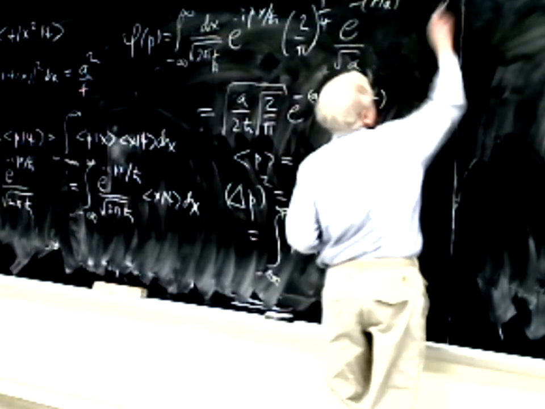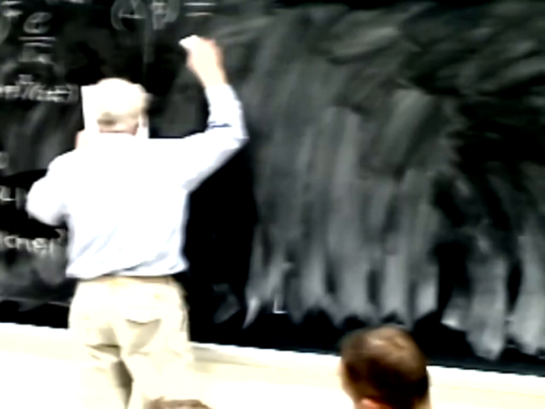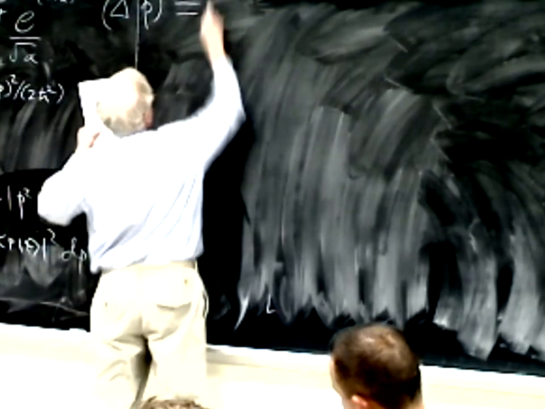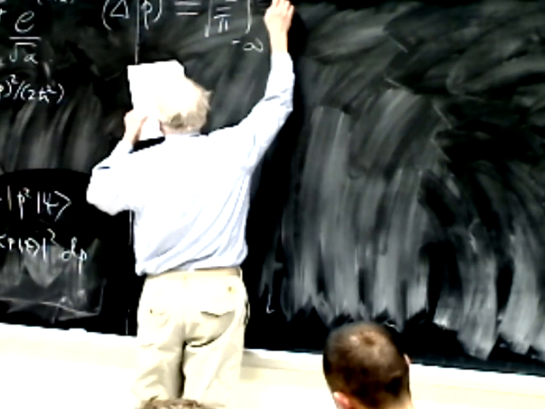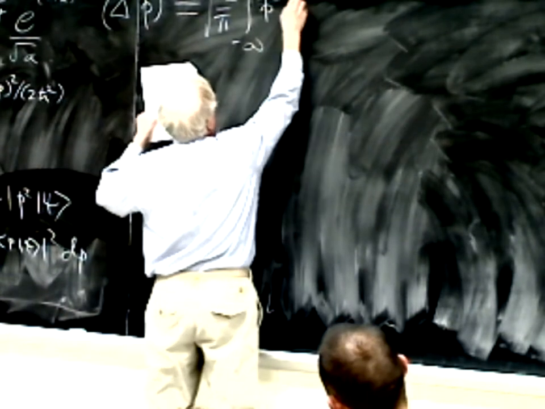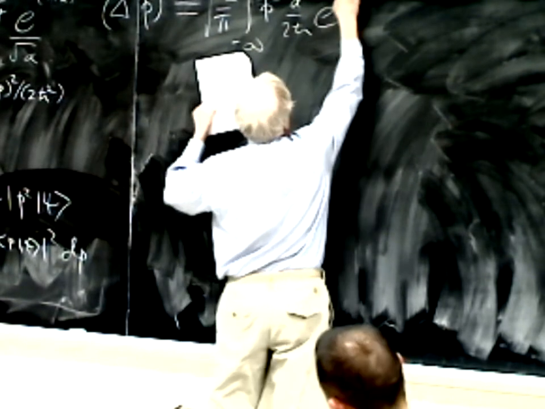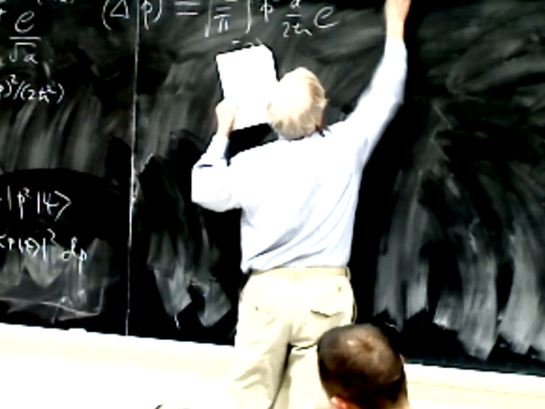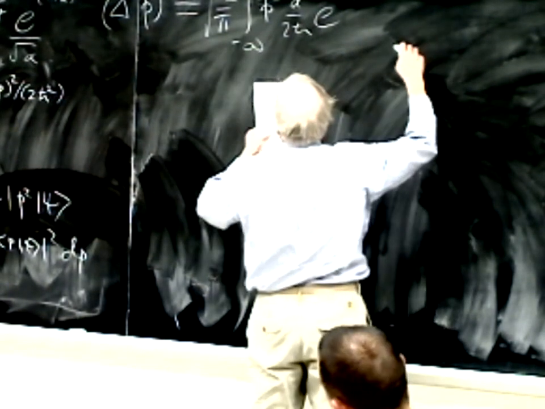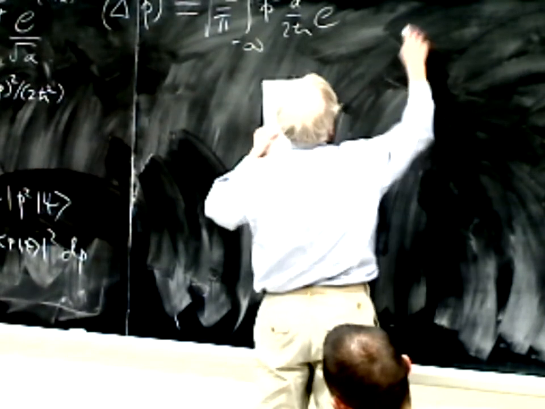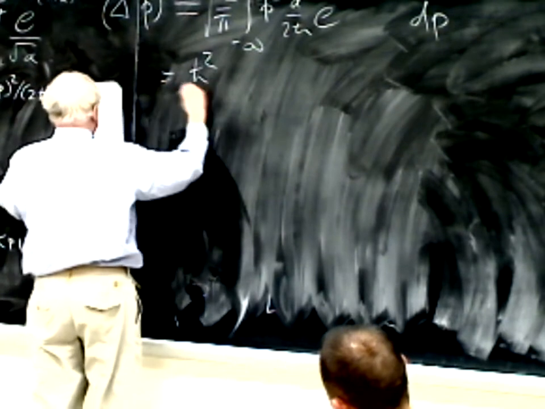And so we find that the square of the dispersion in momentum is the square root of 2 over pi times the integral from minus infinity to plus infinity of p squared, a over 2 h bar, e to the minus a p squared over 2 h bar squared. I think that's everything, and then one finally gets h bar squared over a squared.